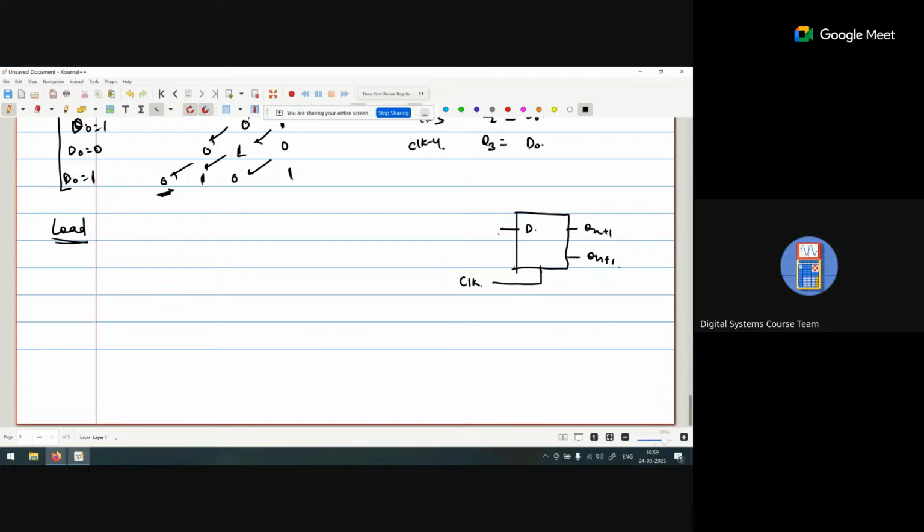Now this original input, if we connect it with a combination circuit in a way that here I connected D and the load signal, which combination circuit are we using?